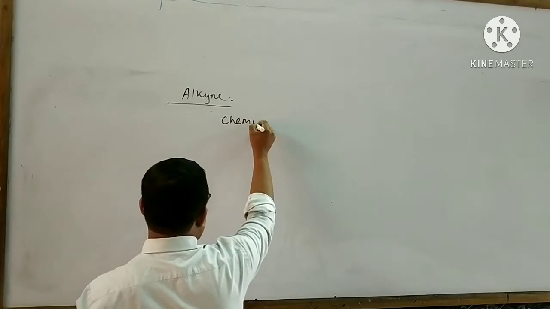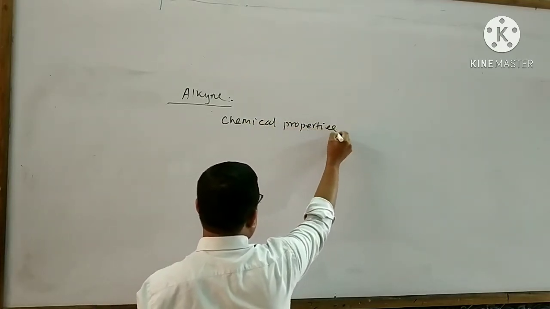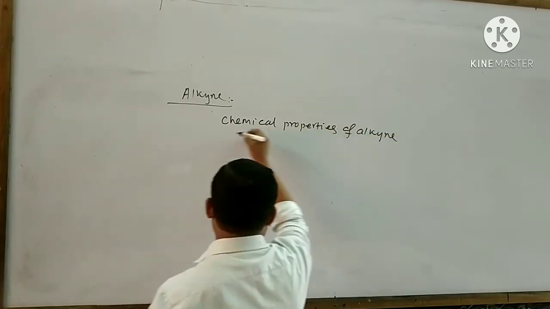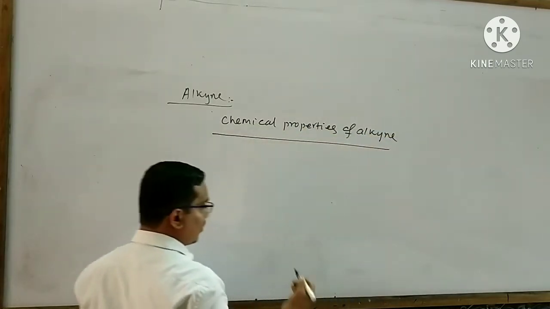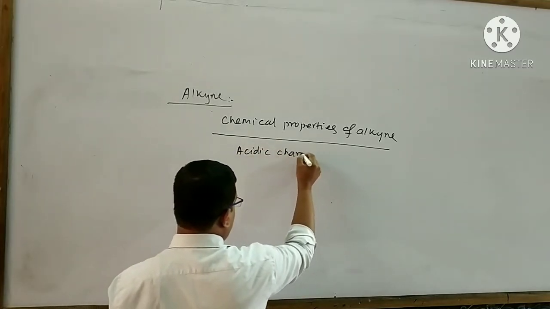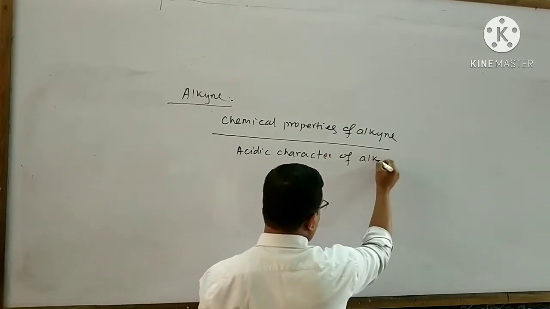Next I will explain about the chemical properties of alkyne. At first I will discuss the acidic character of alkyne.